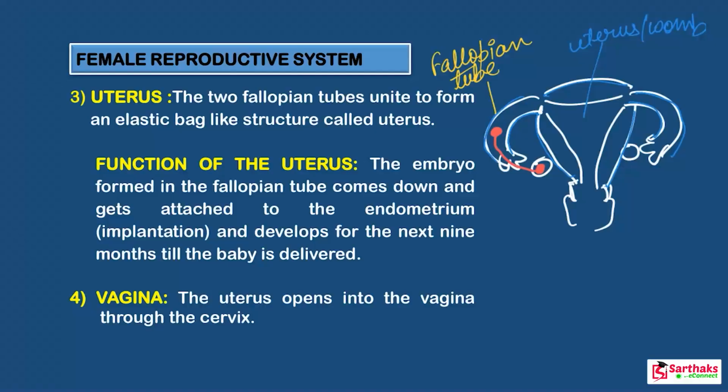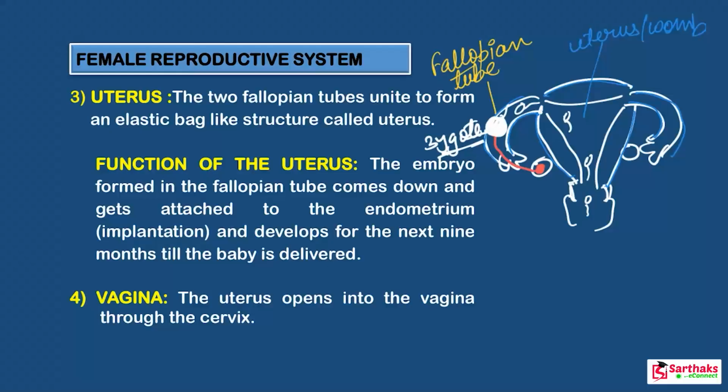During this time, if sperm is ejaculated or released in the vagina by the male penis, the sperms move forward toward the ovum. They fuse together and form a new single-cell structure known as the zygote. This process is known as fertilization.